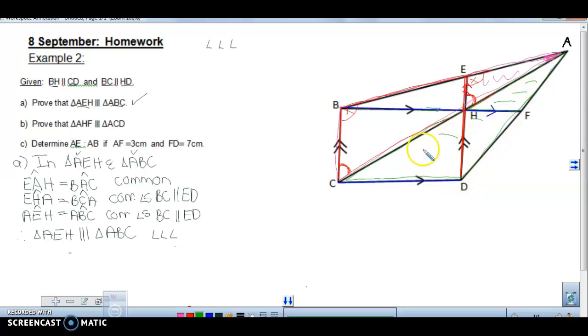So if I look at these two triangles, that one and that one, once again, can you see that they share a vertex, which is there? So they both have HAF as a vertex, so we have a common angle.